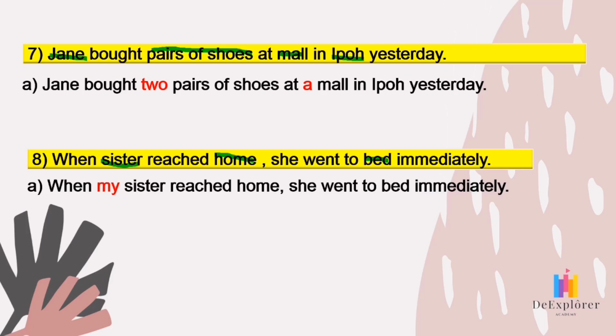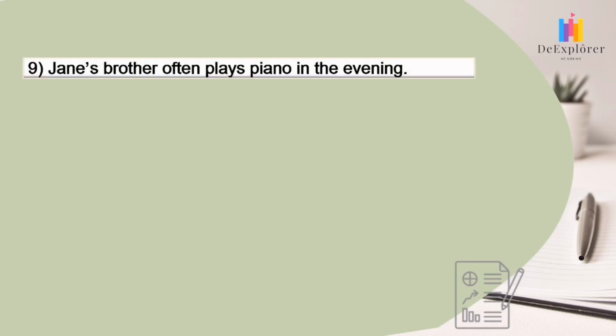The word bed is also a special noun. You normally don't use an article. You don't say went to a bed or the bed. Went to bed means going to sleep.